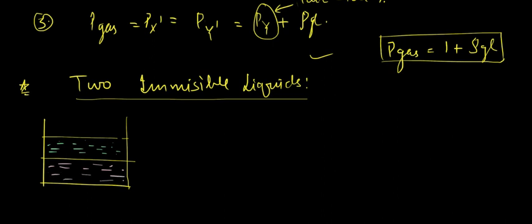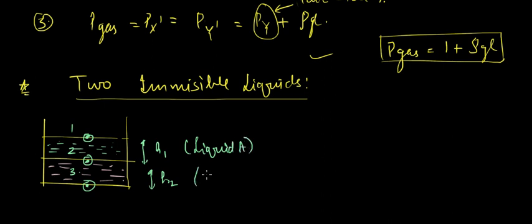We have to find the pressure at this point, which is 1, at this point, which is 2, and at this point, which is 3. So this is height h1, this is height h2, this is liquid A, this is liquid B, both are immiscible.